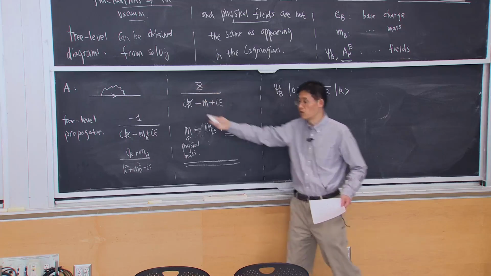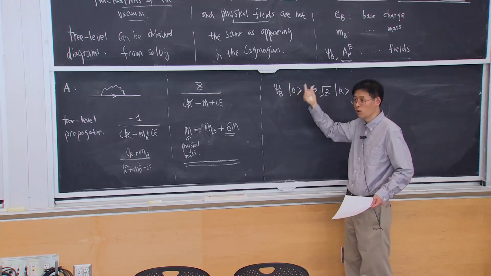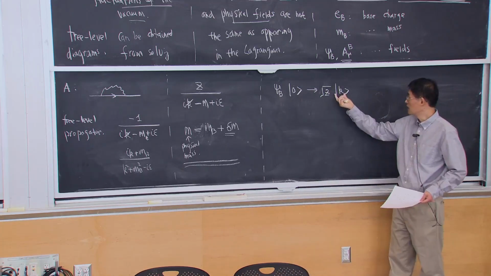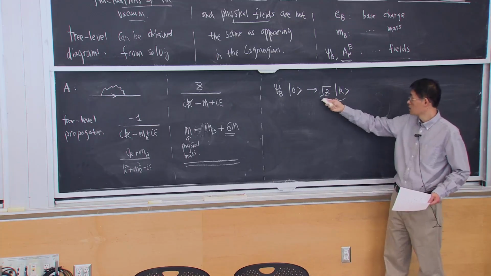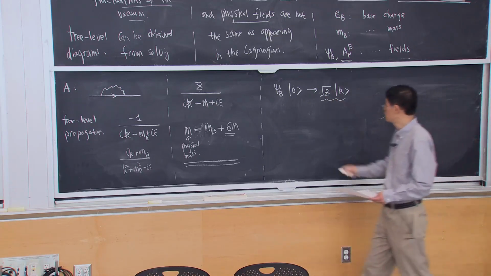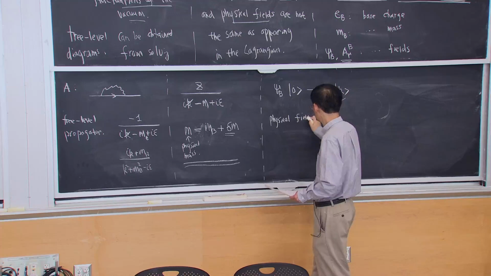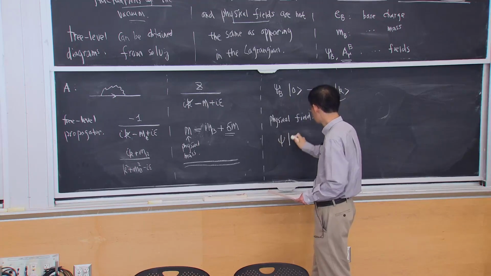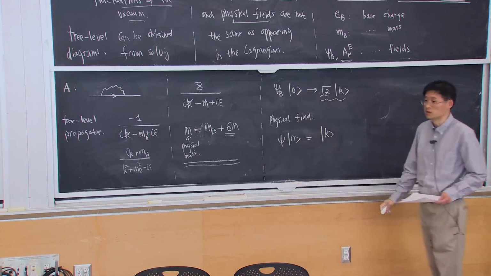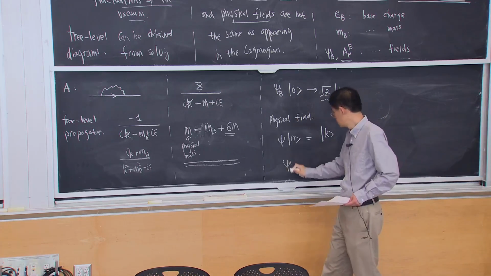Remember our previous psi B is equal to a dagger, etc. When you act on the vacuum, you will create a particle normalized in a certain way. But now with this Z factor, you create not the same state, now there's a prefactor square root Z. So we normally define the physical field as the one which, when you act on the vacuum, precisely creates the state.